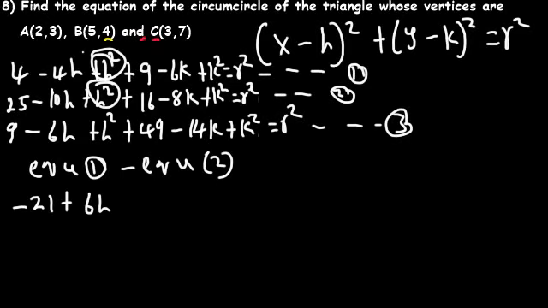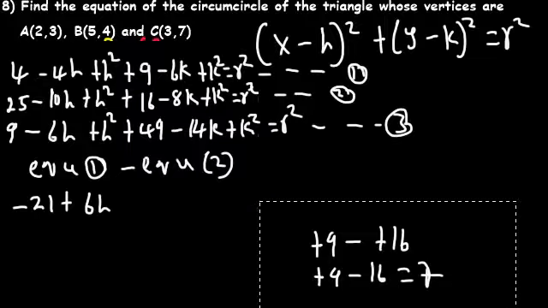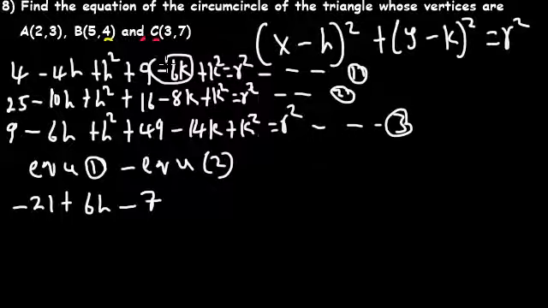H squared minus h squared cancels. It's gone. 9 minus 10 gives us minus 7. What else? Minus 6k minus 8k.